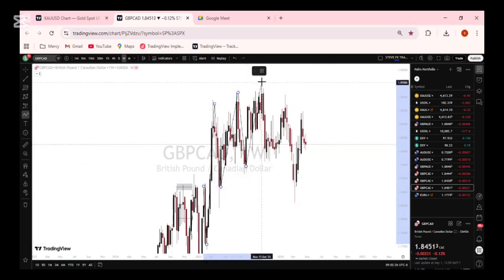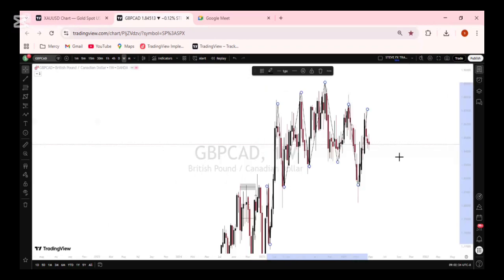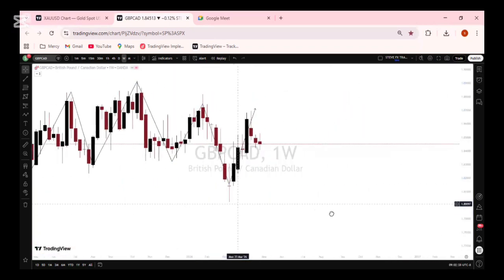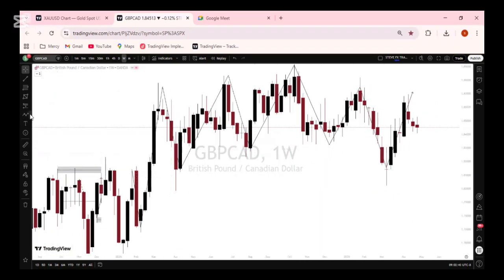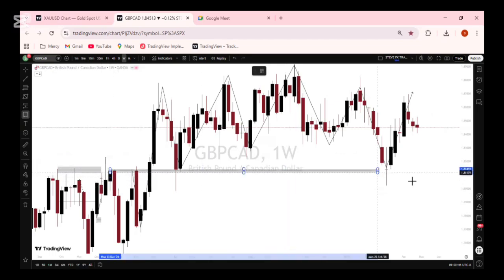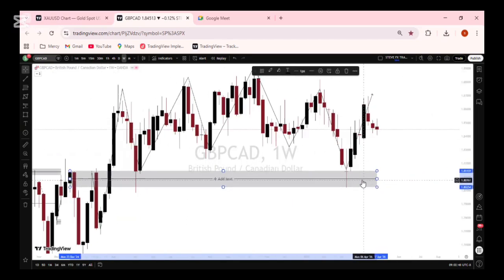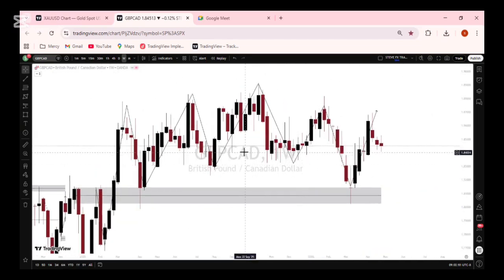direction properly. So these are our major structures over here on this particular trade. Looking at the major structures, we were having market reacting to this particular support zone.